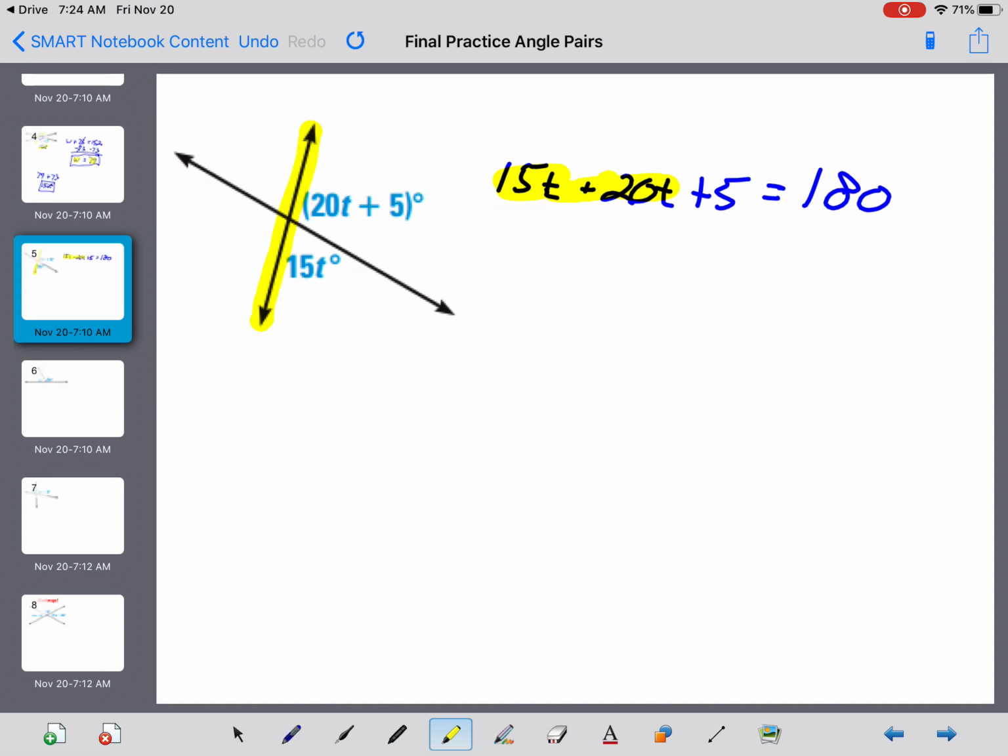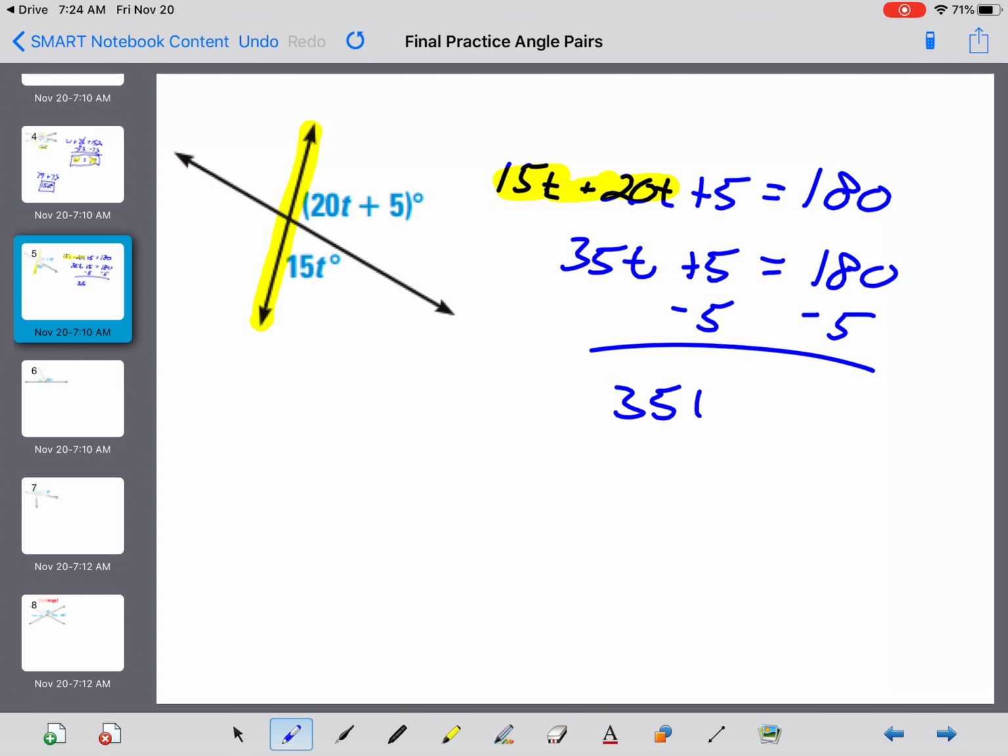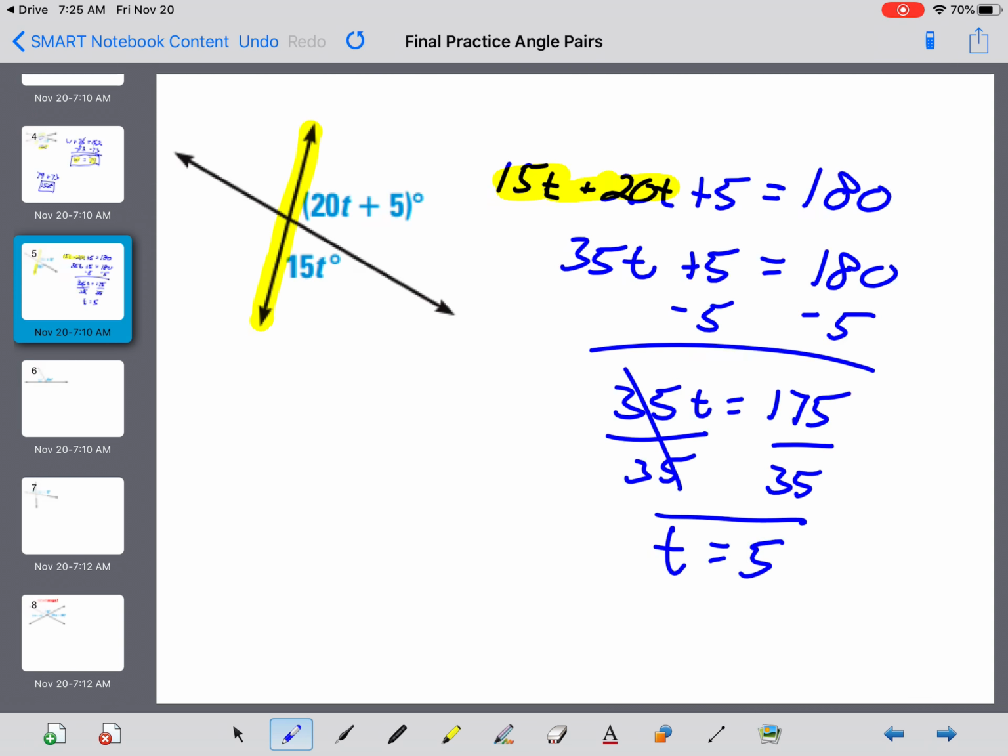We're going to combine our like terms. 15 plus 20 makes 35t plus 5 equals 180. Normal two-step equation: subtract 5 on both sides, and 35t is equal to 175. Okay, 175 divided by 35 leaves us with t equals 5.